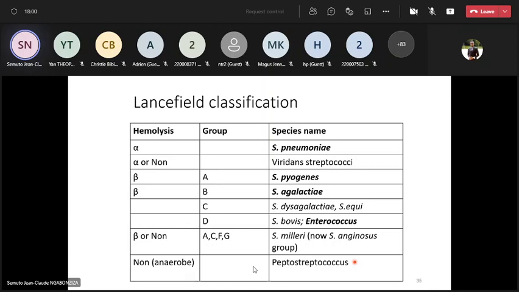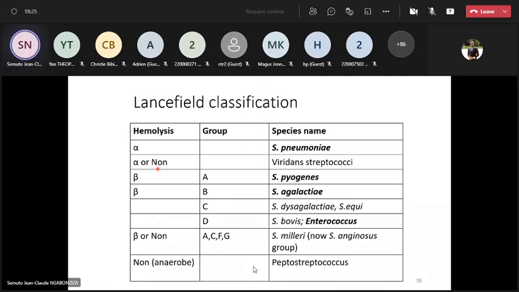And by typing these C substances, you can see the category. Using these substances, the induced response is different. And the response allows typing the category of the streptococci in A, B, C, D, E, F, G category.